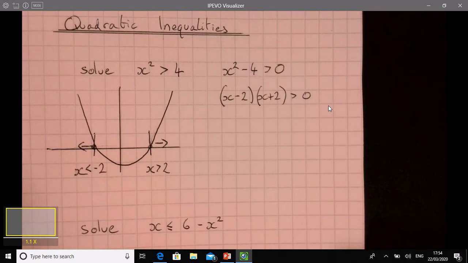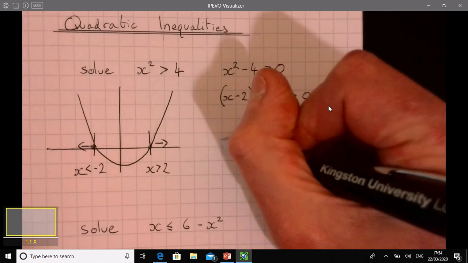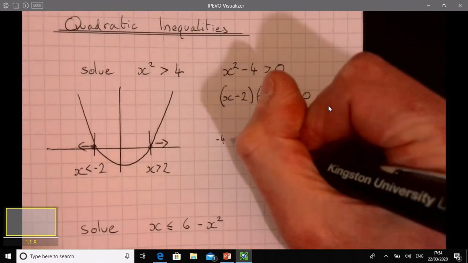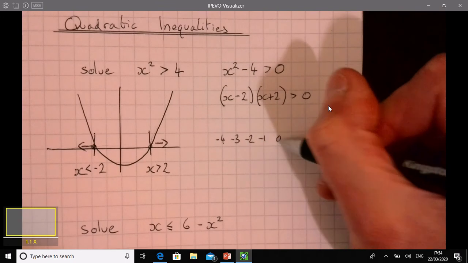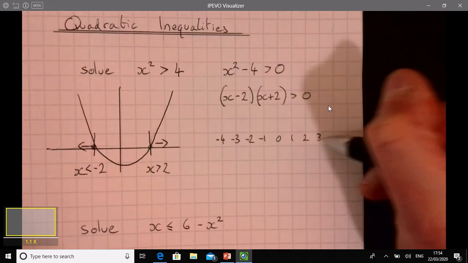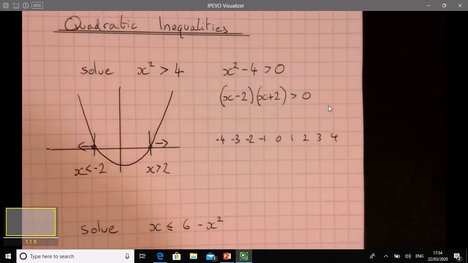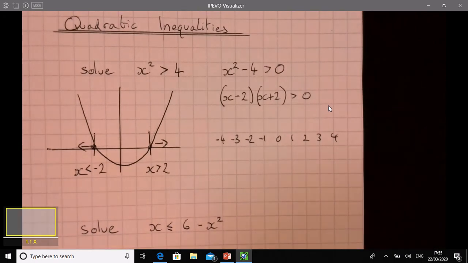Now you might be asked to represent the answer on a number line. So let's quickly draw out a number line. Maybe let's go from minus 4, minus 3, minus 2, minus 1, 0, 1, 2, 3, 4. When we draw this on a number line, it's just a nice way of representing the answer.